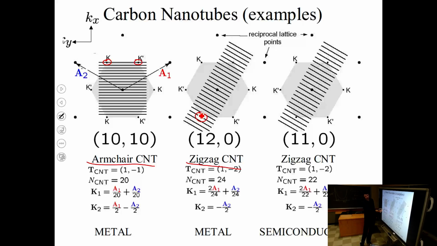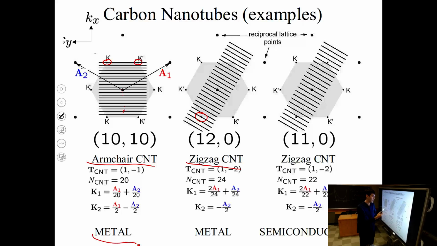So for these particular rolling vectors 10, 10, you're going to have 20 states, I believe. 1, 2, 3, 4, 5, 6, 7, 8, 9, 10. Yeah. 20 states, so it's 2n. And you go through one of the k points. That means there is no gap. It's a metal.